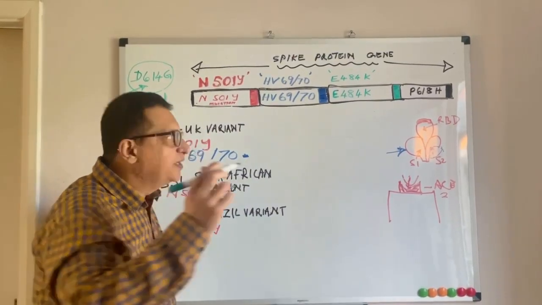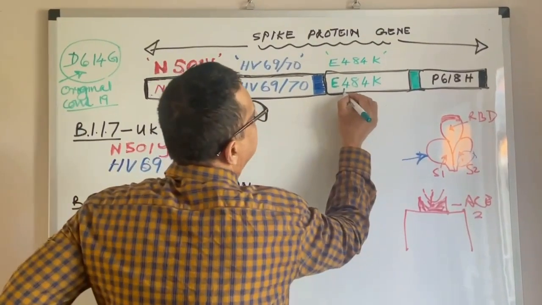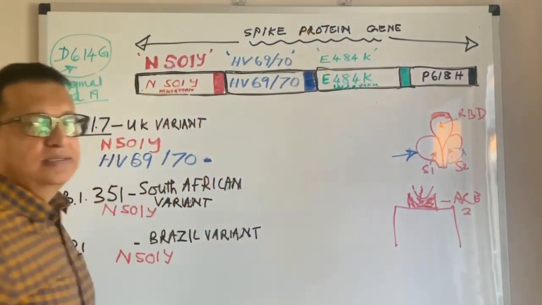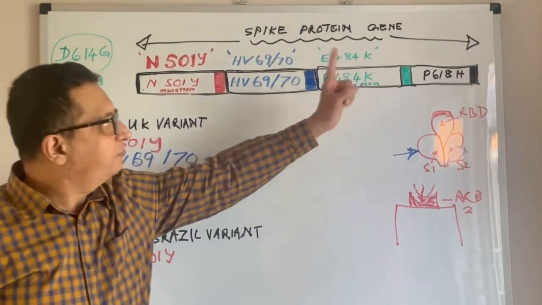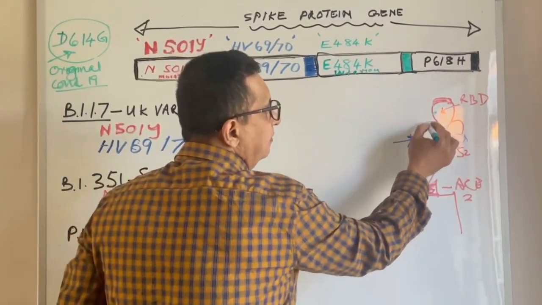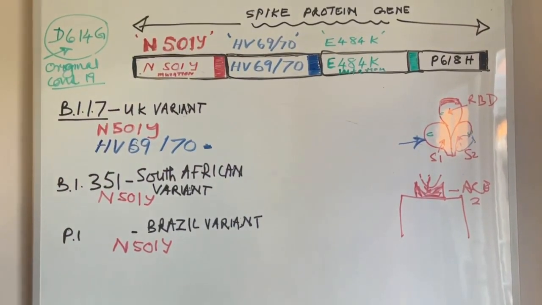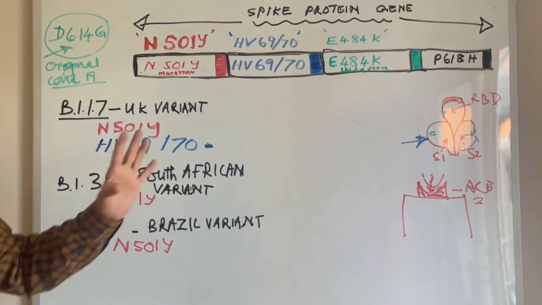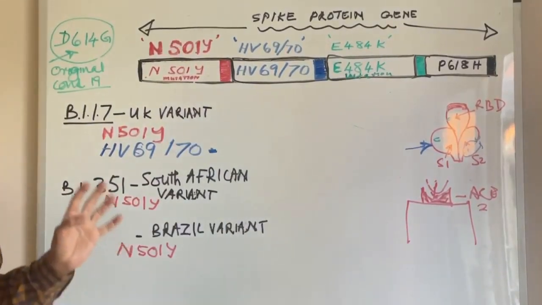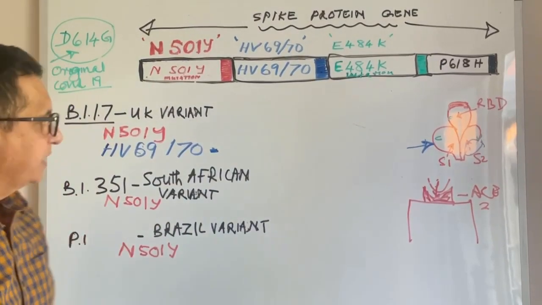The next mutation is the E484K mutation. The E484K mutation is also an alteration of the spike protein, and by which it makes the virus more attachable and more infective to the host cell.